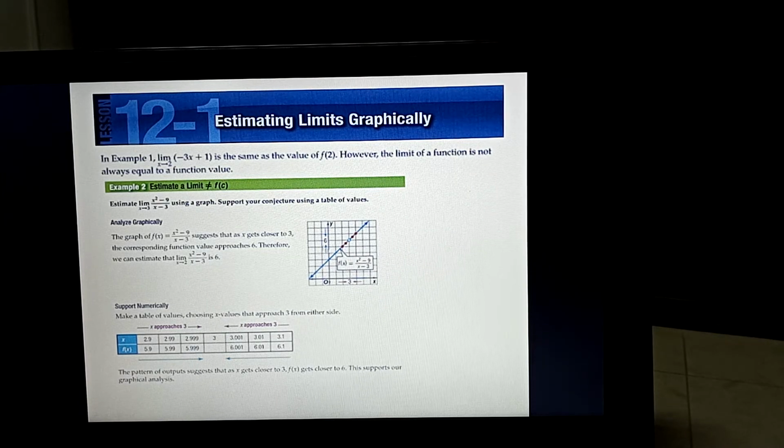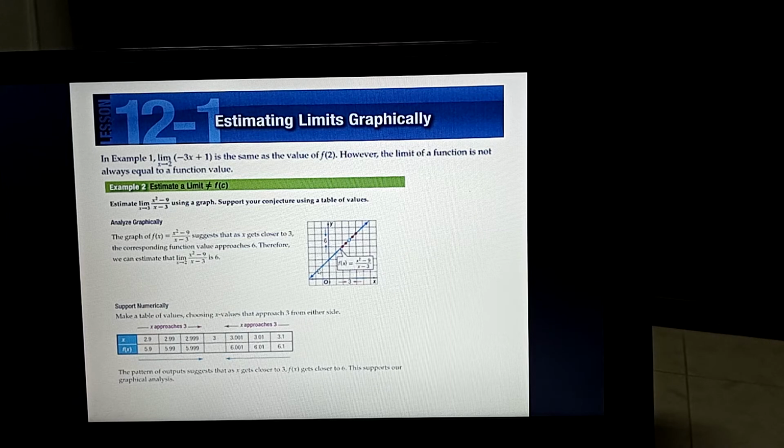The graph of this function is a line also, because we can rewrite this fraction as x plus 3 times x minus 3 over x minus 3. So we can simplify x minus 3 with x minus 3. The function becomes x plus 3, a line that passes through the point 3 and its slope equals 1.